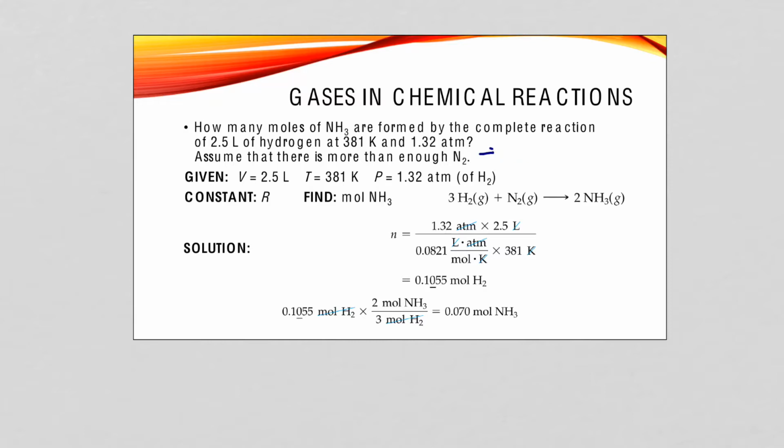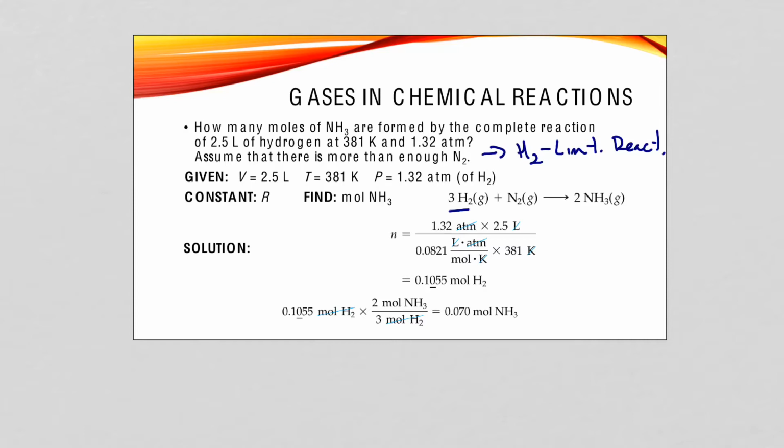Since they tell us there's more than enough nitrogen, that tells us that hydrogen is our limiting reactant. We didn't have to actually find it like we sometimes did back in chapter 8. We're given our balanced equation here: 3 moles of hydrogen plus 1 mole of nitrogen gives me 2 moles of ammonia.